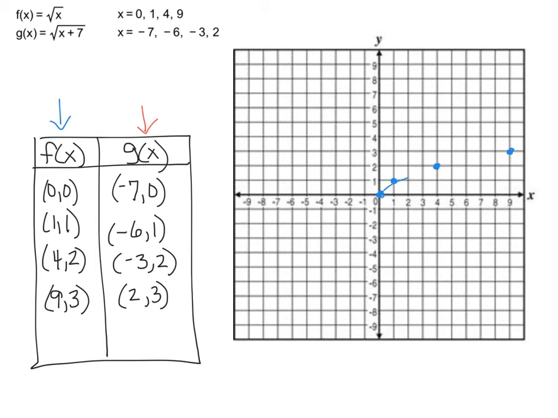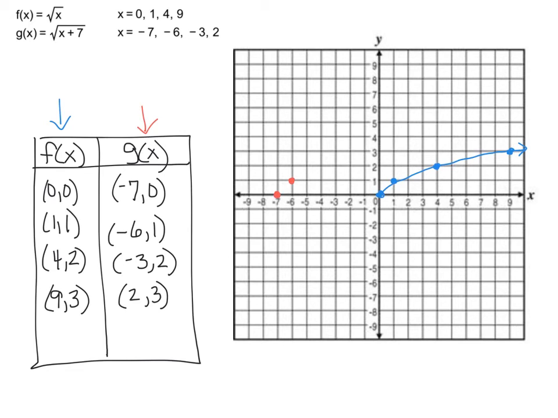So my function looks like this. Now I'm going to plot g of x, and I'll do that in red ink. So I'm first going to plot negative 7, 0. So I go to the left 7, and then negative 6, 1, I go to the left 6, up 1.